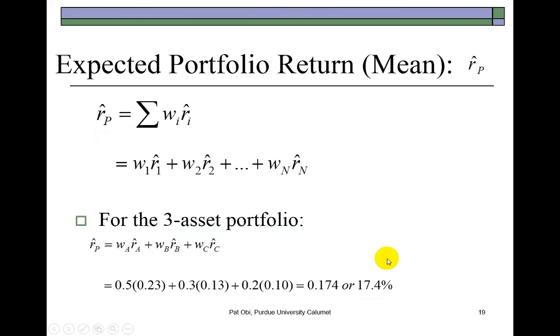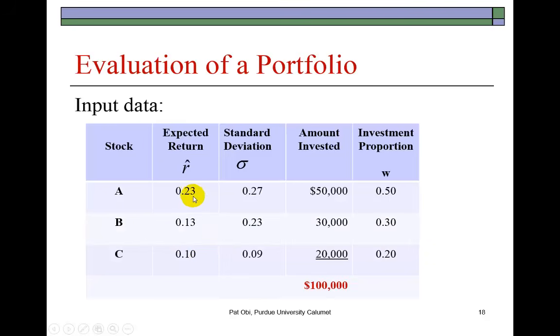So now, to calculate the expected return on this portfolio, we are simply going to take the weighted average of the returns. So for this 3-asset portfolio, we're going to take the weighted average of the returns of each of the assets A, B, and C. If I go back here, for stock A, whose expected return is 23%, we're going to multiply it by 0.5 and add that to the product of 13% for B and this 30% weight, and add that to this 10% return for C multiplied by 20% weight.